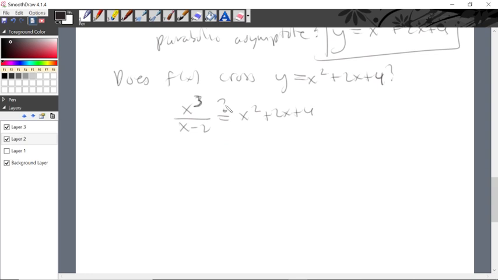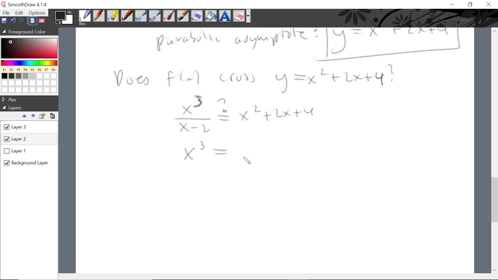If we get values of x that solve this equation, which we can then use to find the associated values of y, we would know that the graph and the asymptote are in the same location. So we can multiply by x minus 2 to the other side.